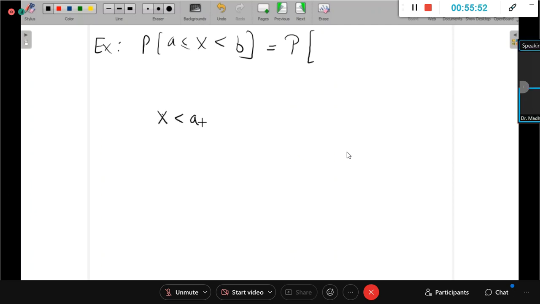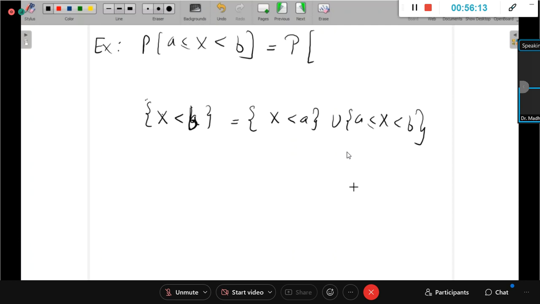I know X less than b is equal to X less than a union a less than or equal to X less than b.